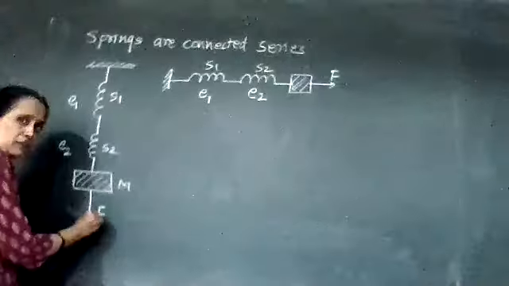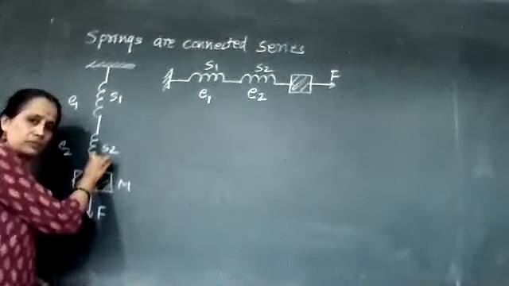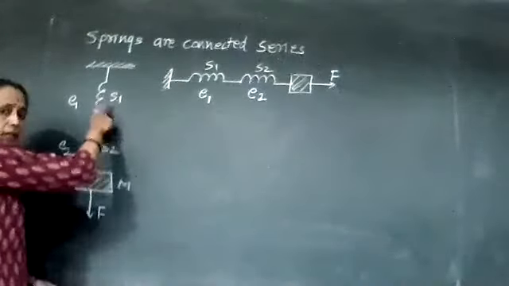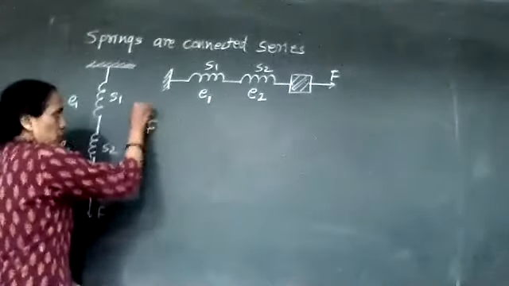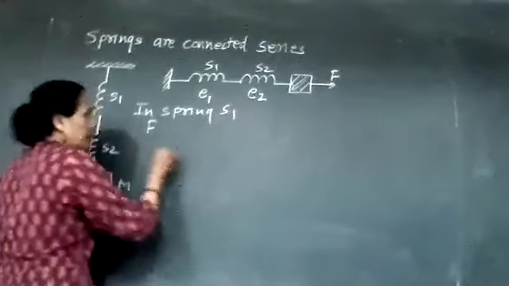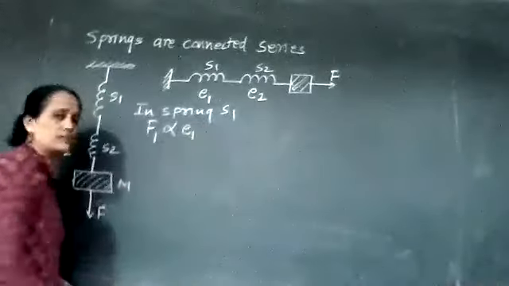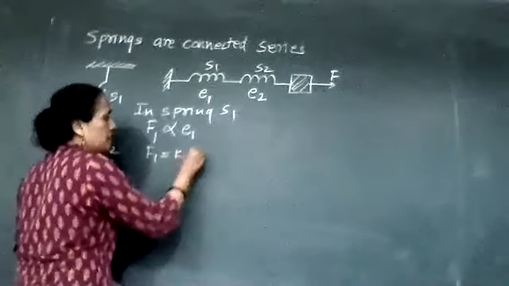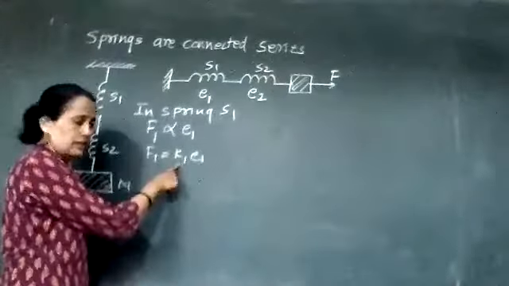Now, when I apply force F on S1, the same force is applied to S2. Due to this force, in spring S1 there is extension E1. So in spring S1, the force applied is F1 and the corresponding extension is E1, so I write F1 is equal to K1 into E1, where K1 is the spring constant of the first spring.